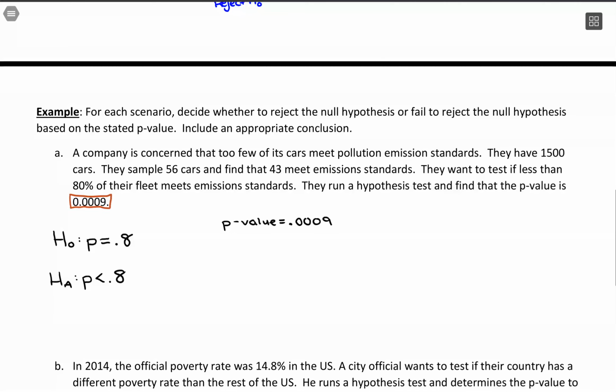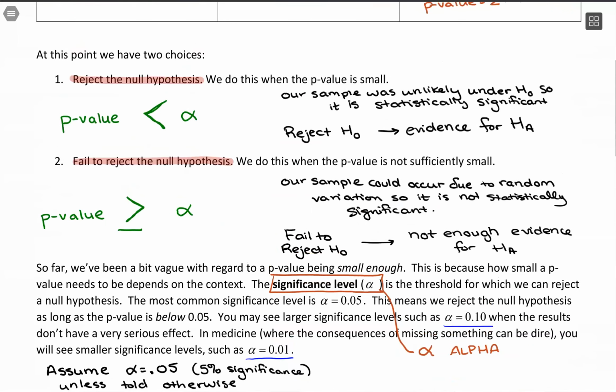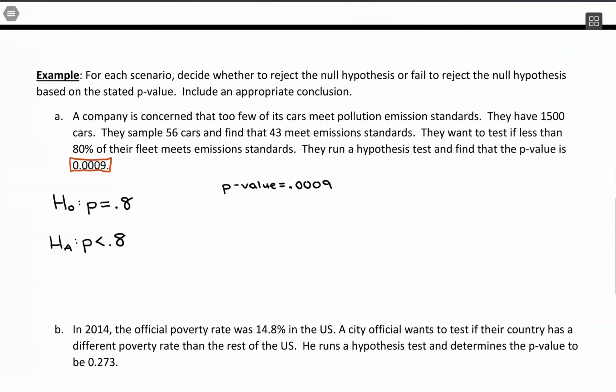So we're going to set up the evaluation that I wrote up here as if we have alpha next to it, what symbol would go in between, the less than symbol or the more than or equal to symbol. So I'm going to go ahead and write 0.05 next to it. And then we just need to evaluate, is the p-value small or larger? And in this case, our p-value is smaller.